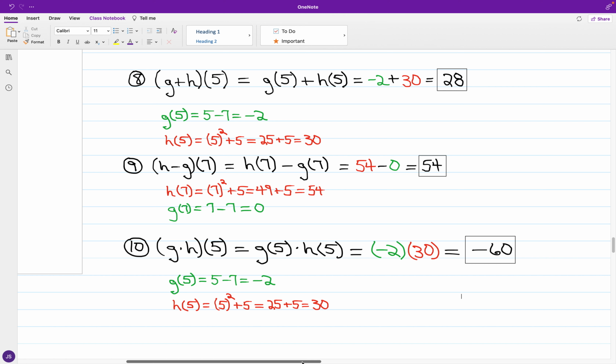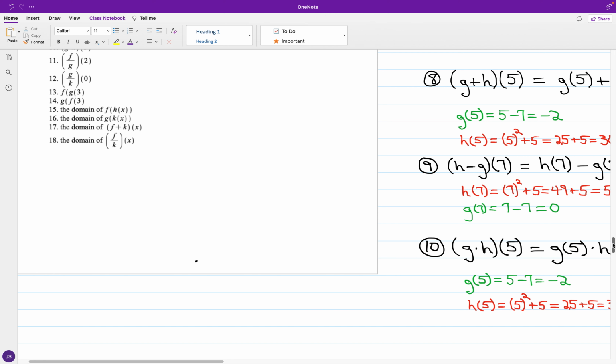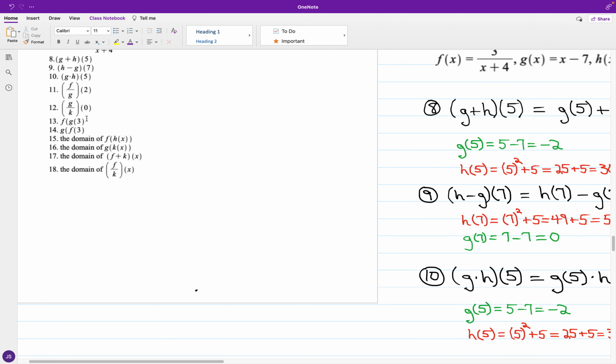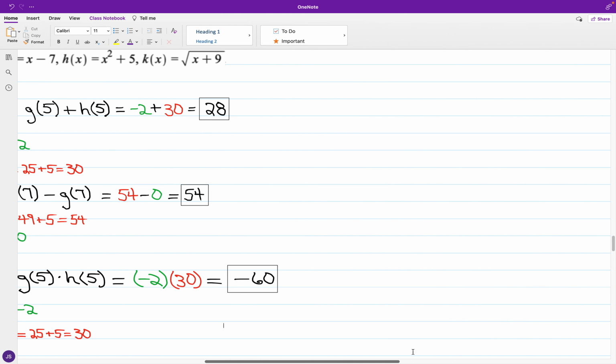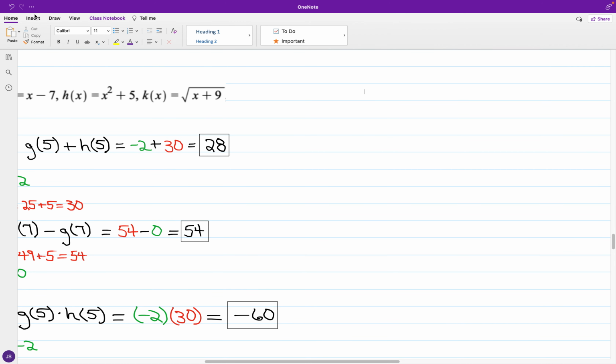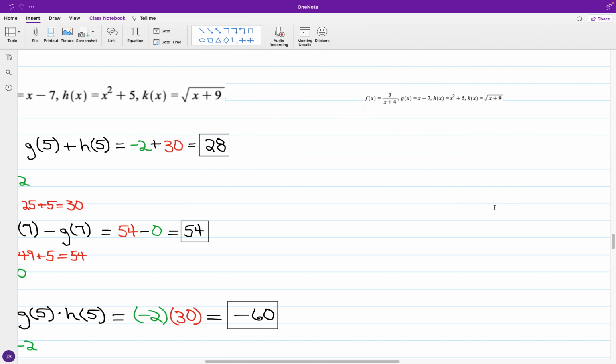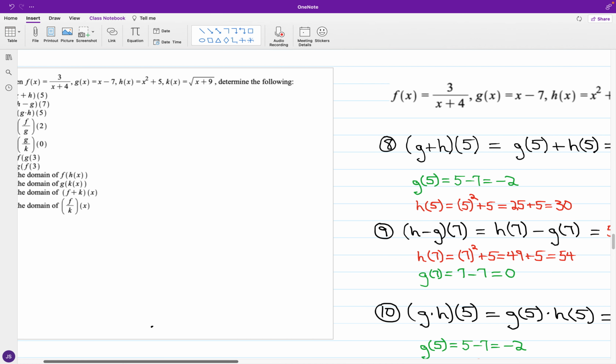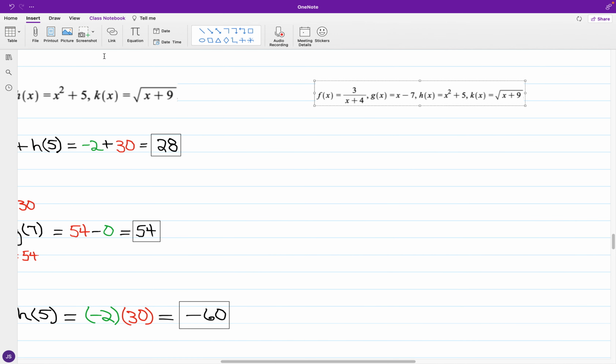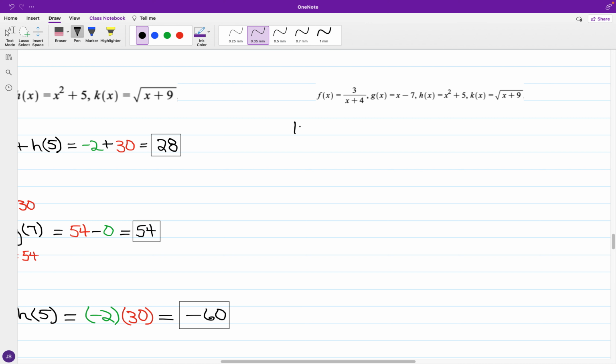All right, now for the next portion, we're looking at quotients of functions. So you have f over g of 2 and g over k of 0. With f over g of 2, we have f of 2 over g of 2.